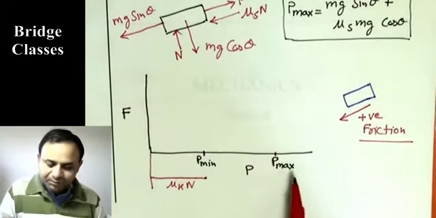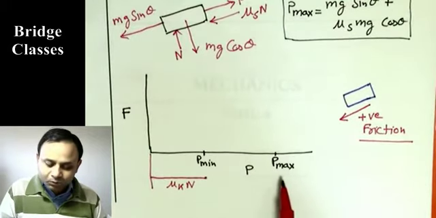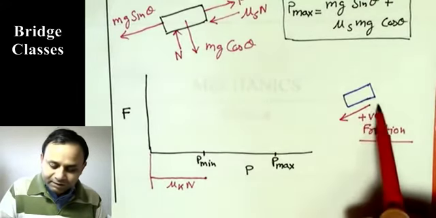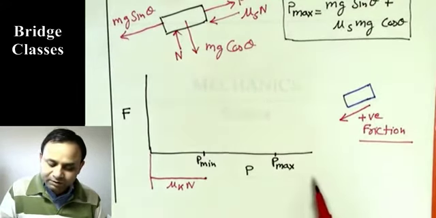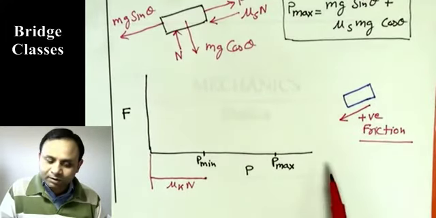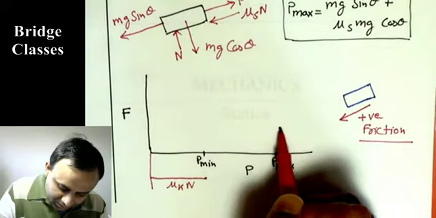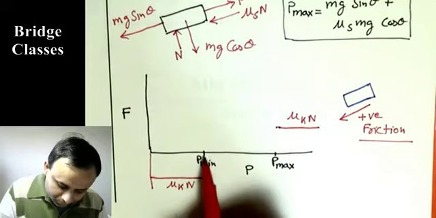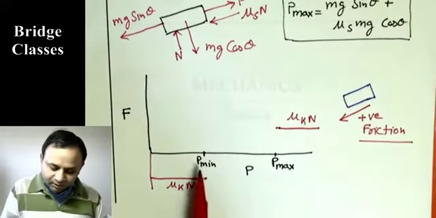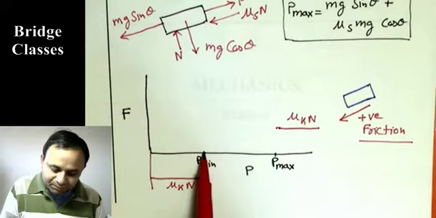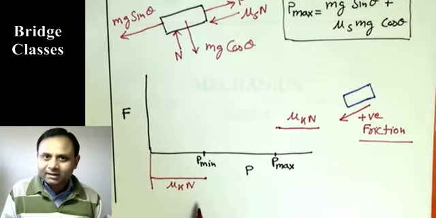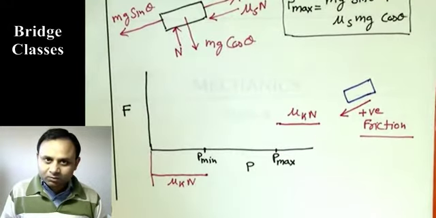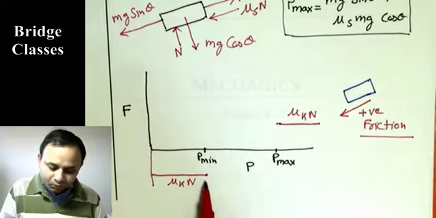If P is greater than P max, the body is again going to move, and it is going to move upward. Friction is acting downward, so friction is positive, and this is again kinetic friction because the body is actually moving, so it will be like this, mu k N. Now if P is just P min, you take the limiting case, the body is stationary, it is not moving, but it is about to move.